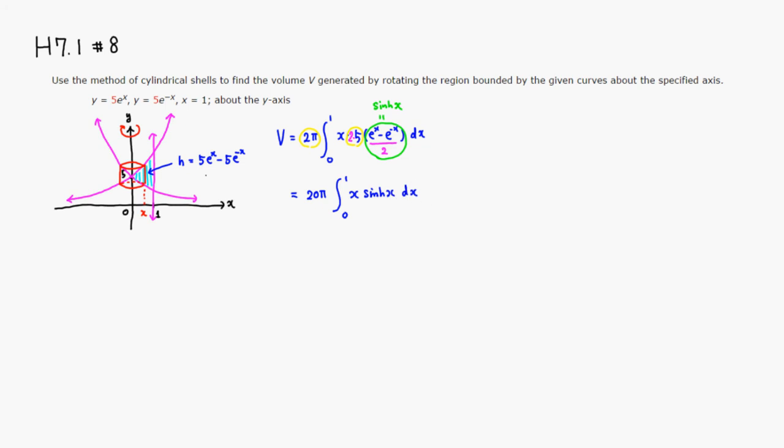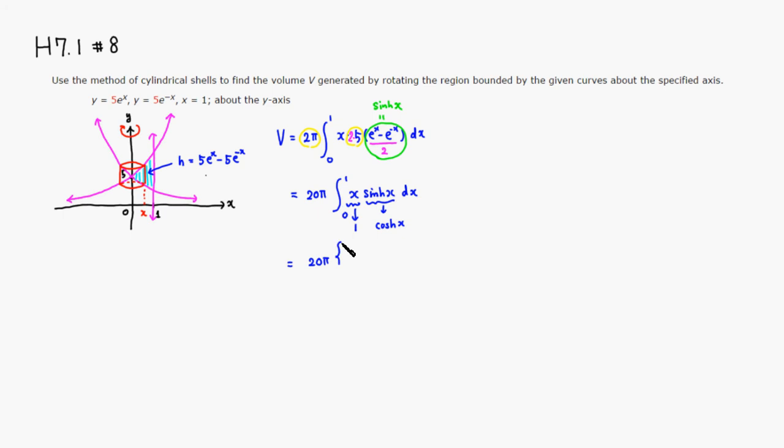Then we can just do integration by parts. This is the first function, this is the second. Take the derivative of the first, you get 1. Take the antiderivative of hyperbolic sine, you get hyperbolic cosine of x. 20 pi is just a number.